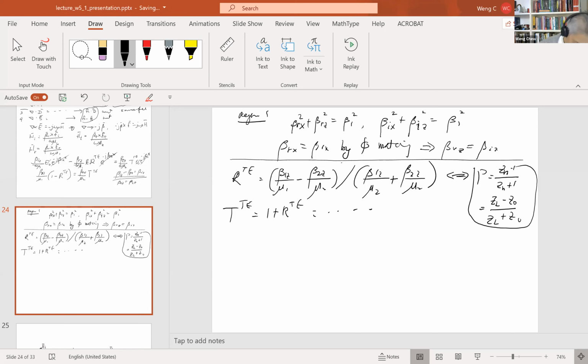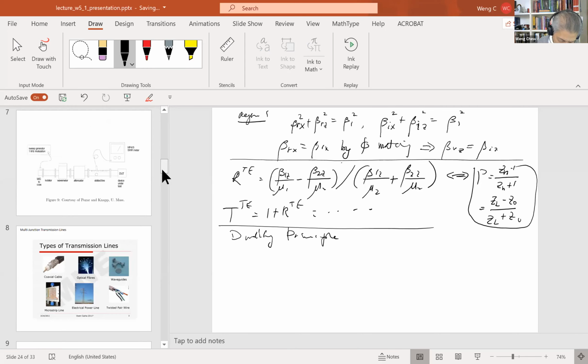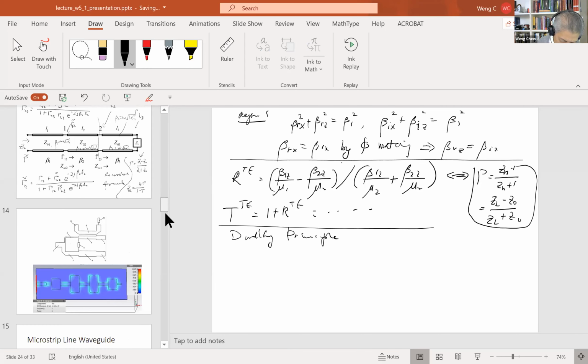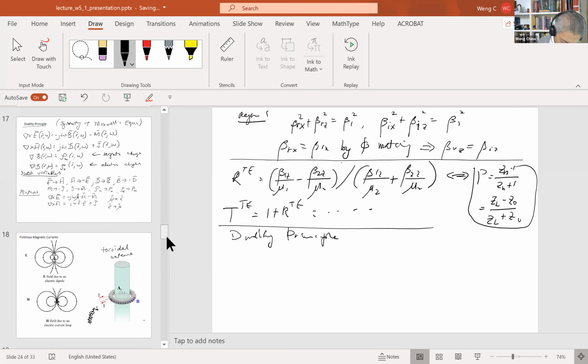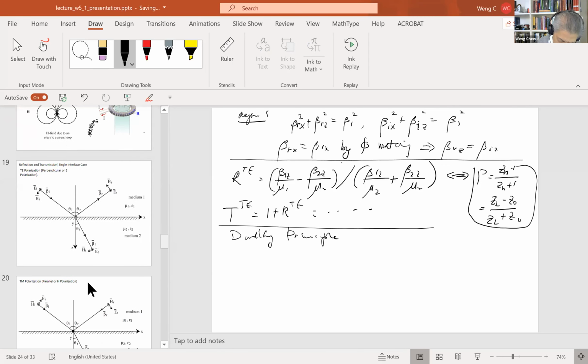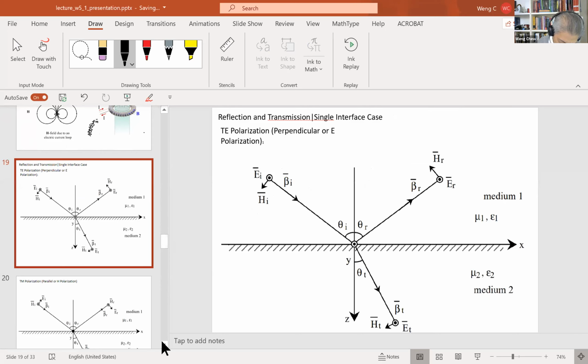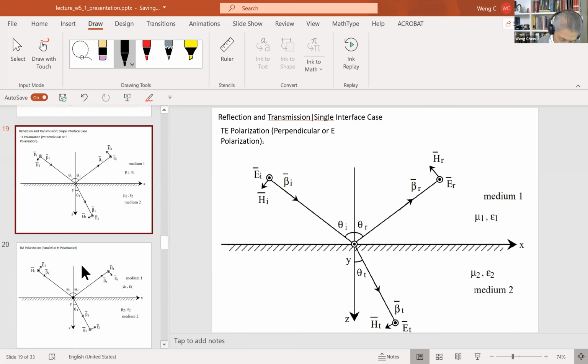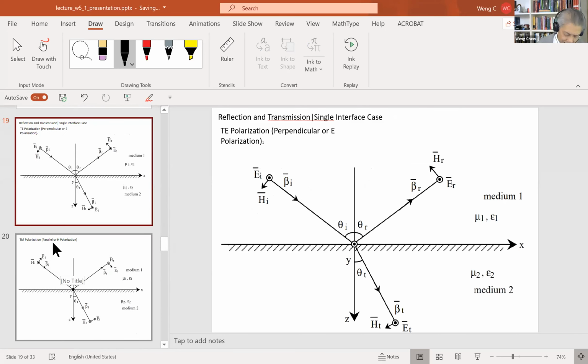And then you can apply the duality principle, in the sense that once you have solved the first problem, you can solve the second problem by swapping the field E with H, H with E. The second problem is for TM polarization.